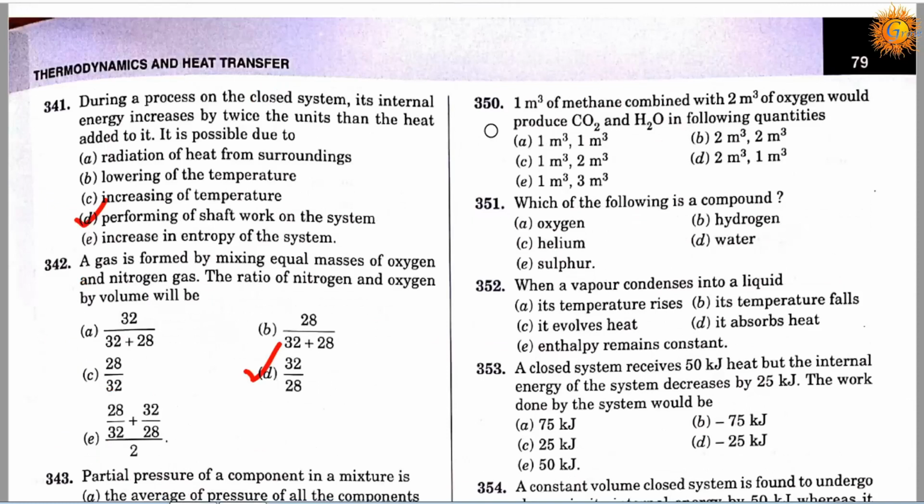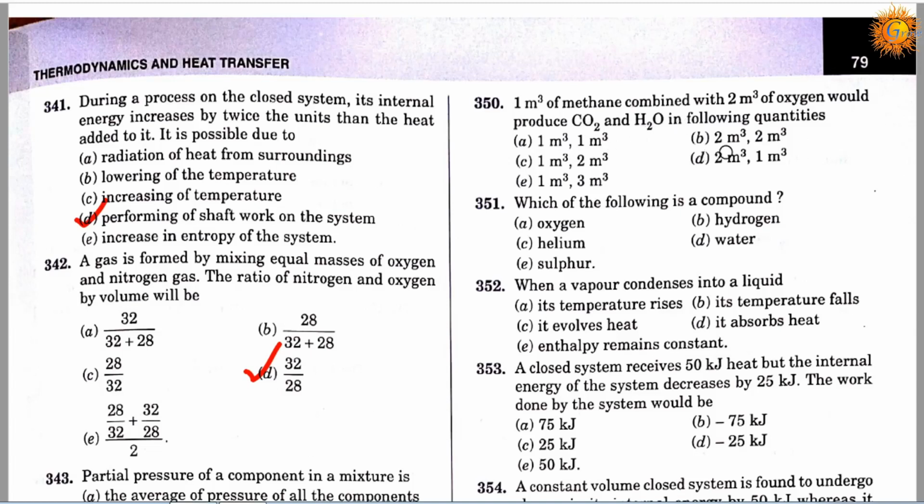Question number 350. 1 meter cube of methane combined with 2 meter cube of oxygen would produce carbon dioxide and H2O, water, in the following quantities. Option A, 1 meter cube of carbon dioxide and 1 meter cube of H2O.